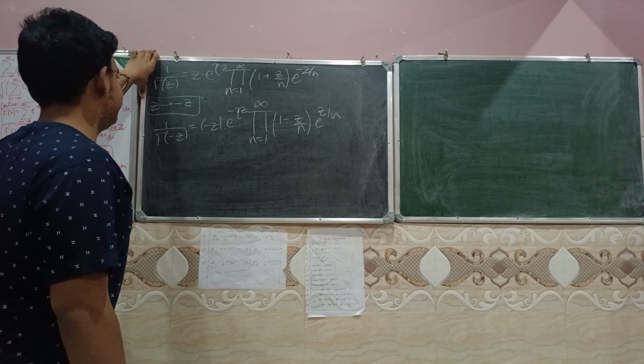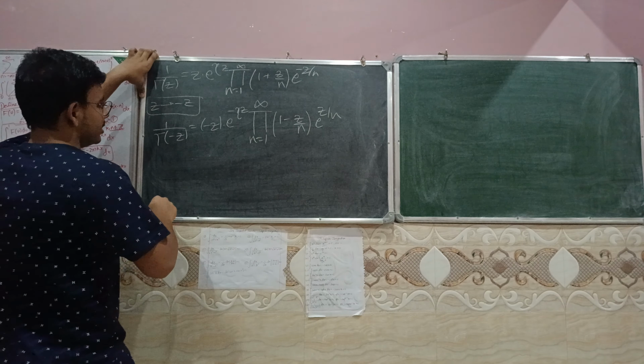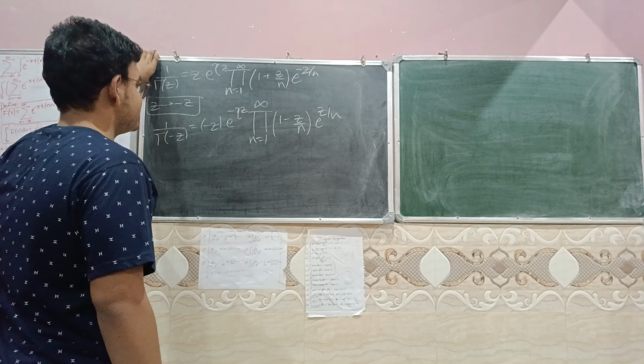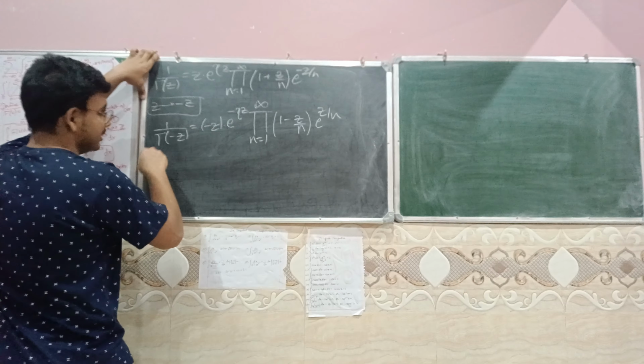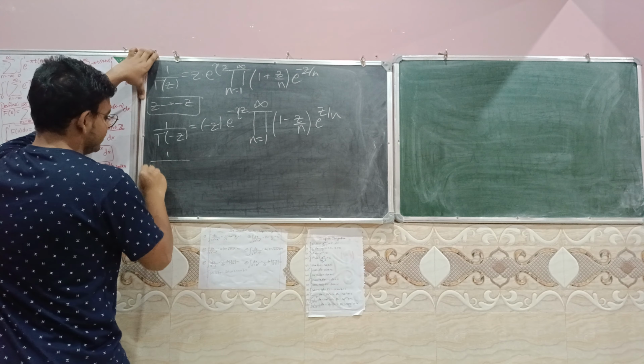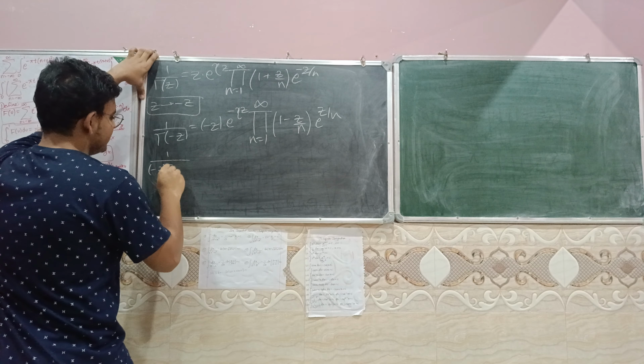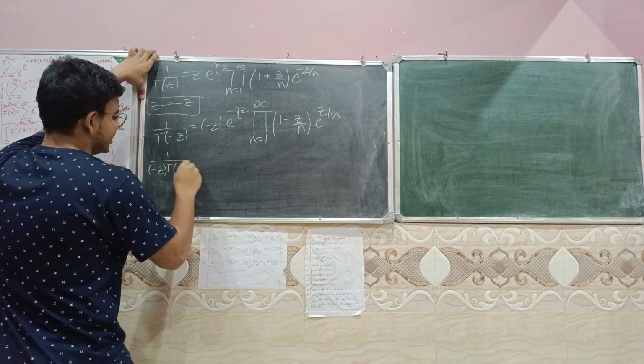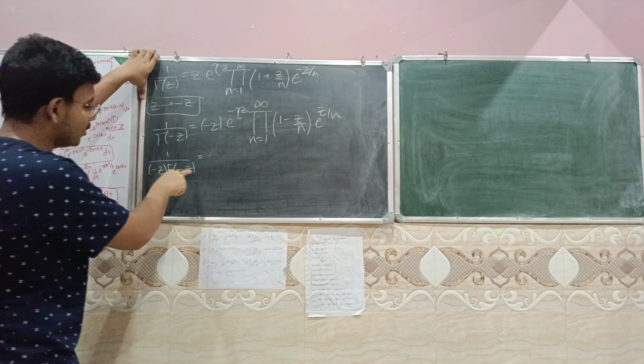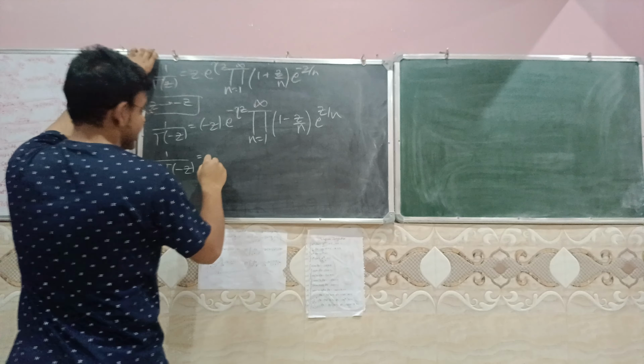Right? Okay. So now if we divide both sides by negative z in this equation, we get negative z times gamma of negative z, and we talked about it in the previous video as well.